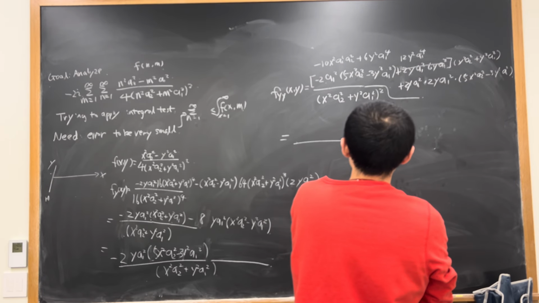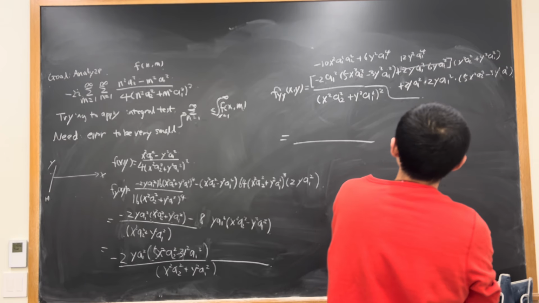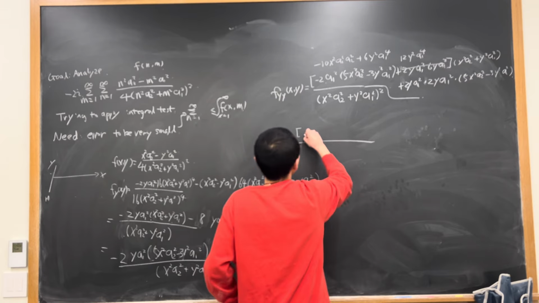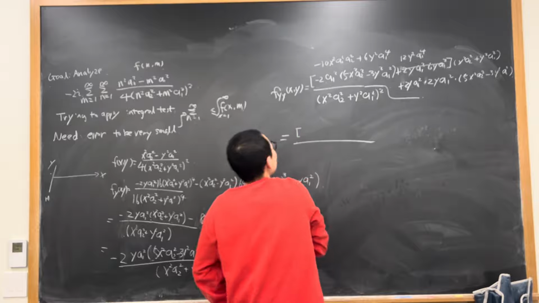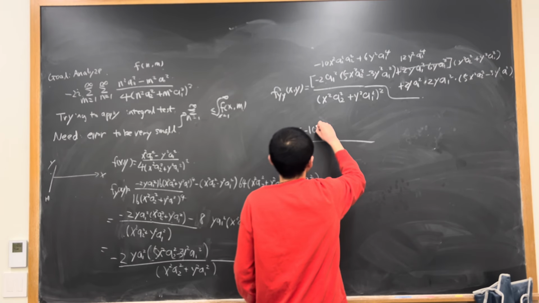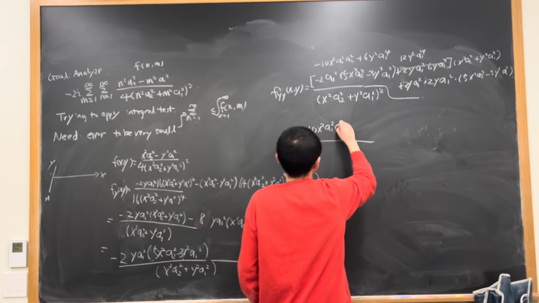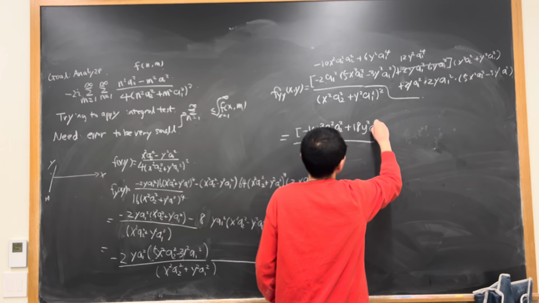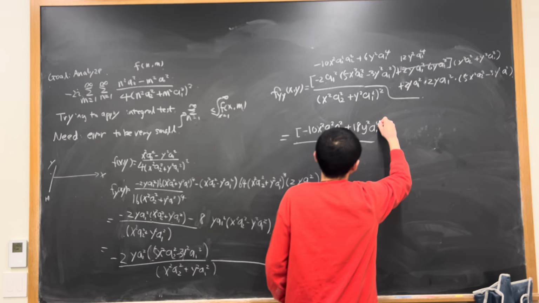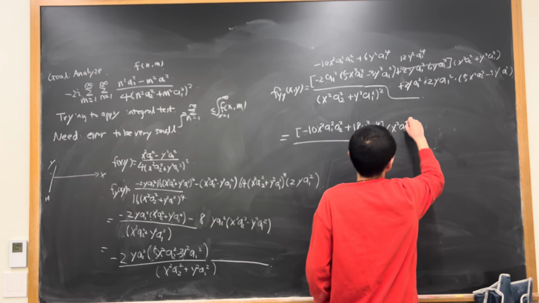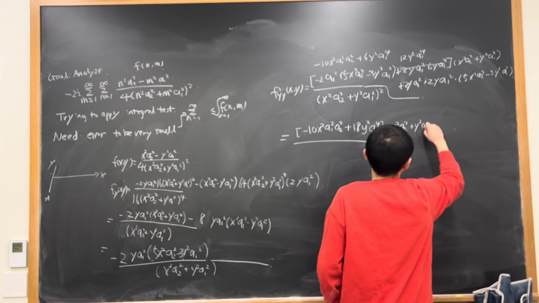Therefore you get negative 10 x squared a1 squared a2 squared plus 18 y squared a1 to the fourth power, times x squared a2 squared plus y squared a1 squared.